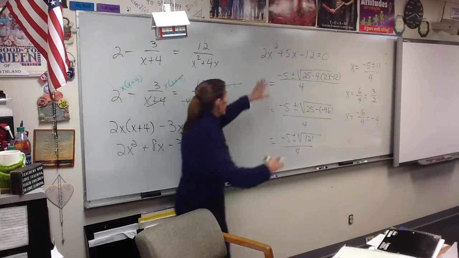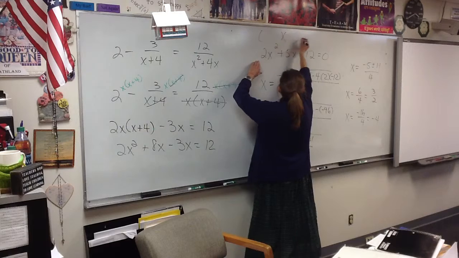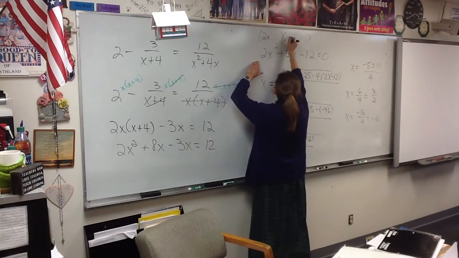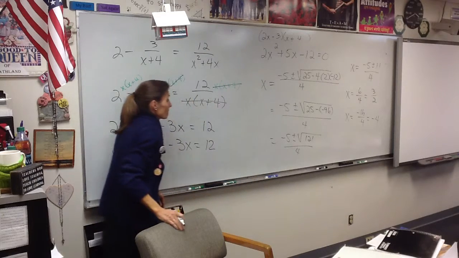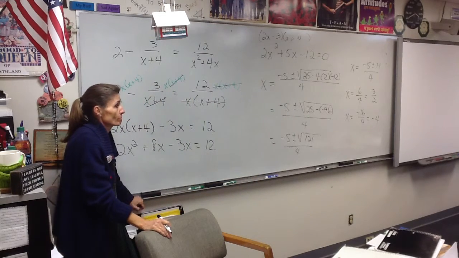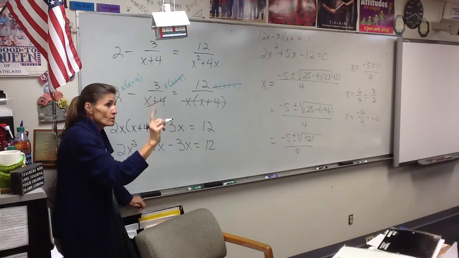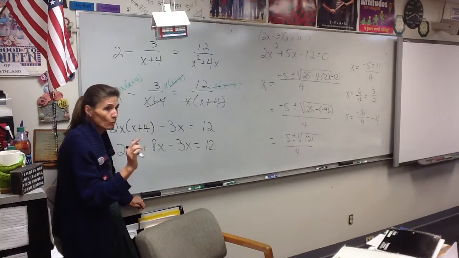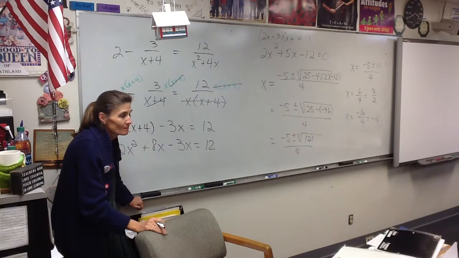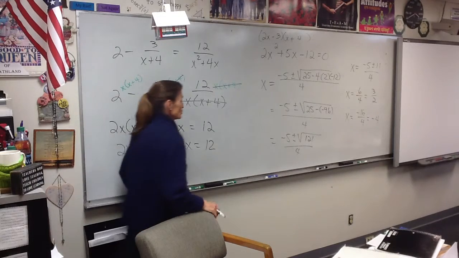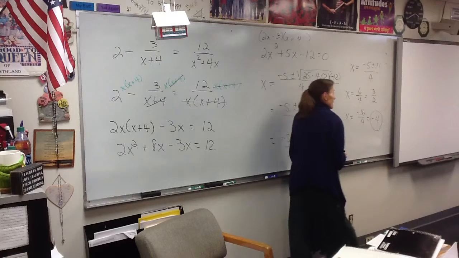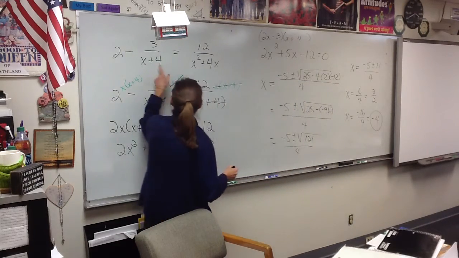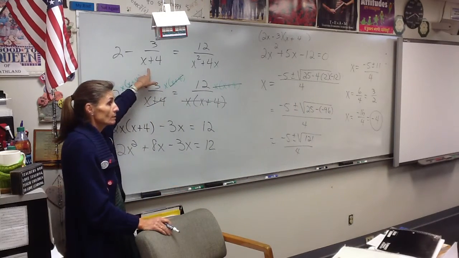You could have factored this. But before you turn the page, I got one more wrinkle to throw in there. I want you to take this answer that you got, and I want you to put it back in the original equation.